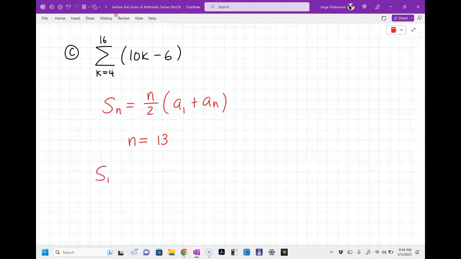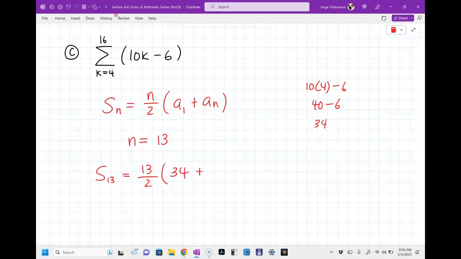So S sub 13 is going to be 13 divided by 2. And then I've got to find my first term and my last term. So I'm going to plug in a 4, the bottom number, into the equation. So 10 times 4 minus 6, that's 40 minus 6. So that's 34. I'm going to put a 34 right there.